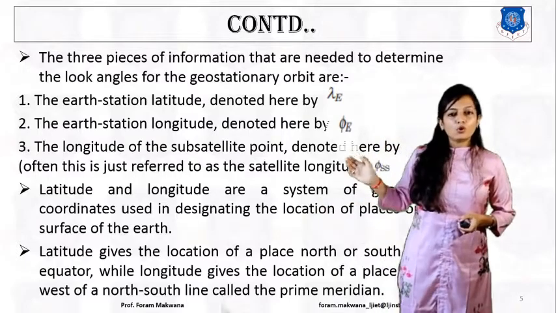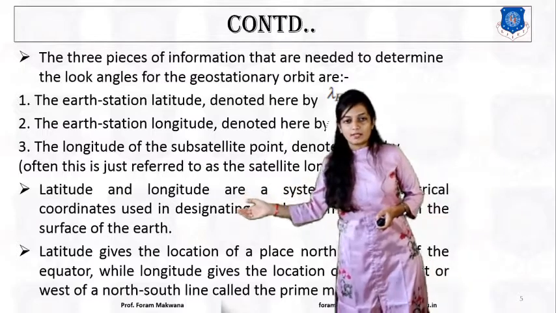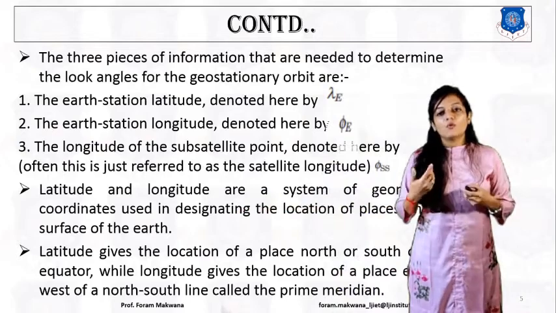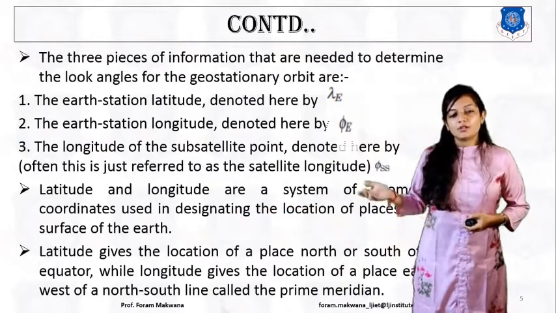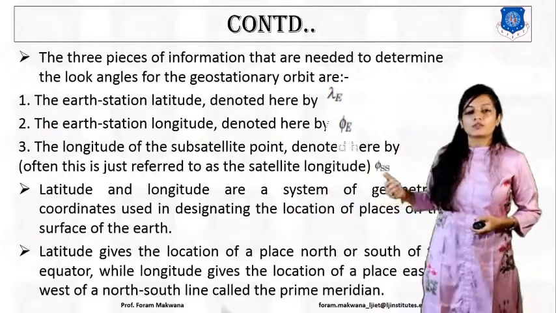So, what do we mean by latitude and longitude? These two quantities are the parameters of a geometric coordinate system used to designate the location of a place on the surface of the earth.